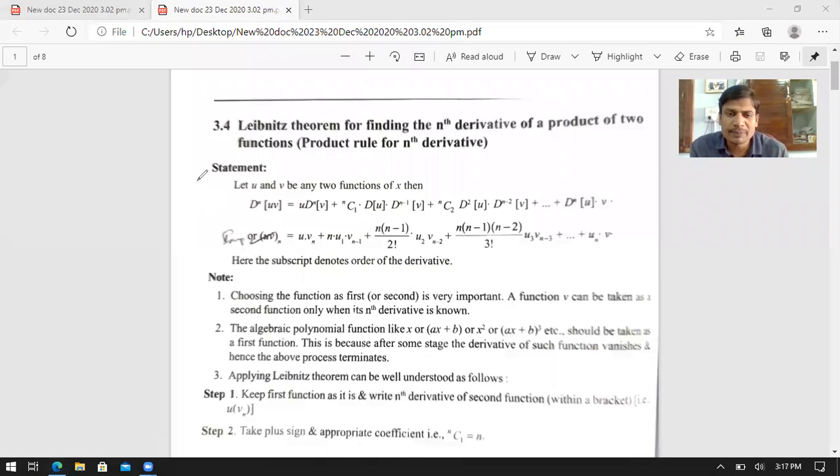See here the statement. This is a very important question asked in your annual exam. Let u and v be any two functions of x.